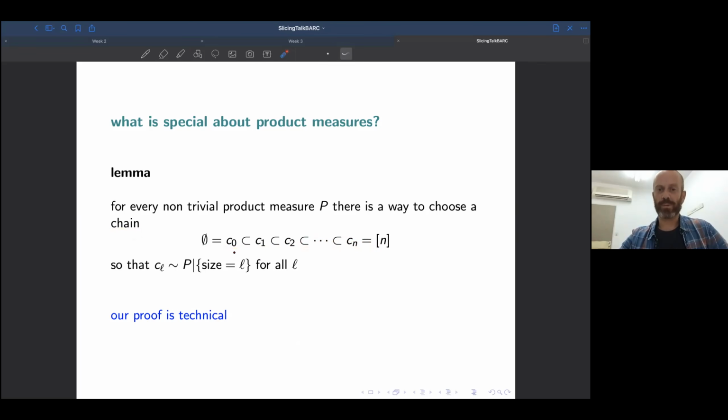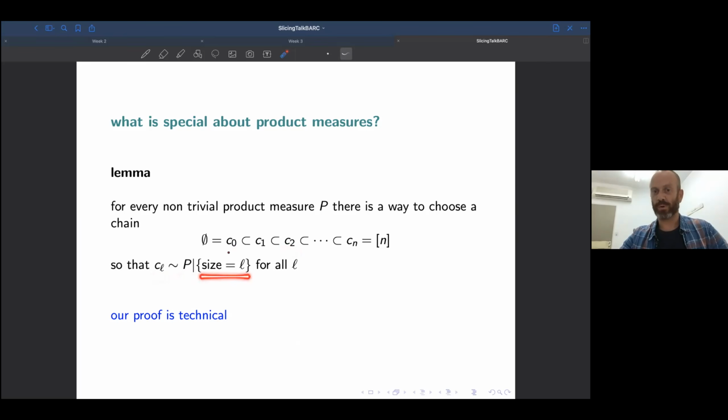What is the property of this distribution on chains? If we choose, for example, L equal to 2, C2 contains two elements. This is the way it is chosen. It always has two elements. The property of C2 is that it is distributed like the distribution P, but conditioned on having size 2.